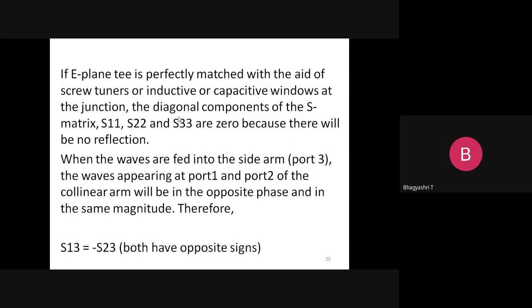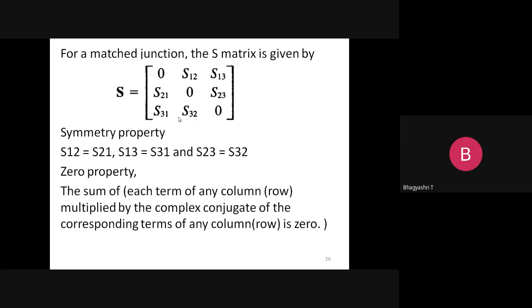Always remember that opposite signs mean the two are out of phase. Whenever the phase is opposite, we have to write minus. Okay. So this is the S matrix for the E-plane Tee, with S11, S22, S33 equal to 0.